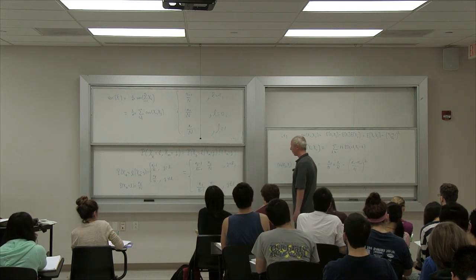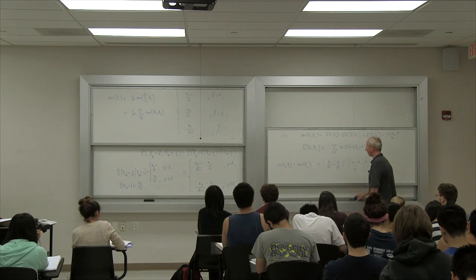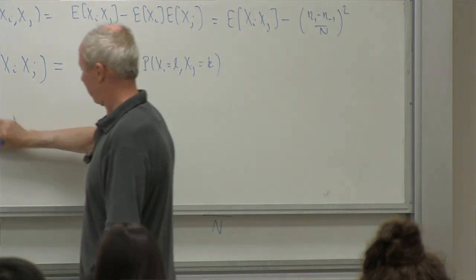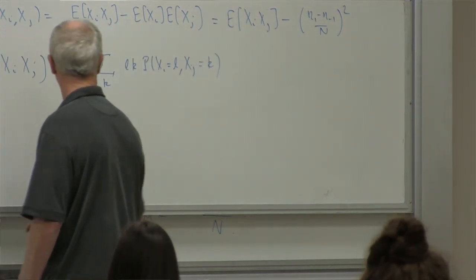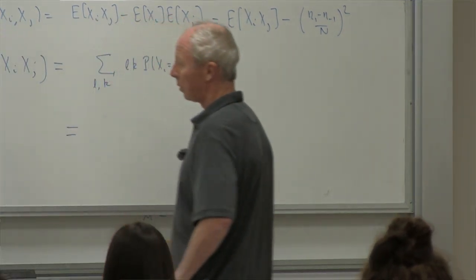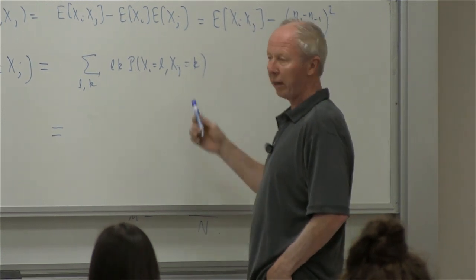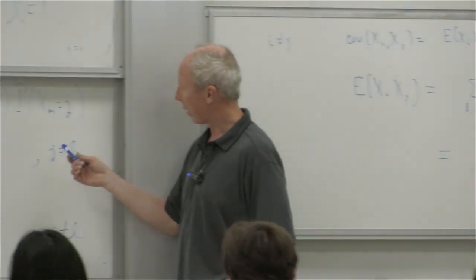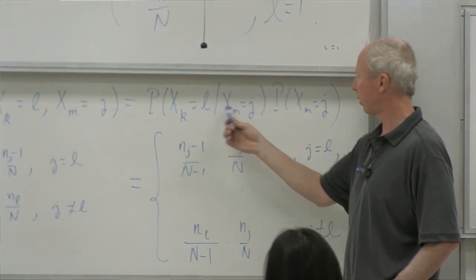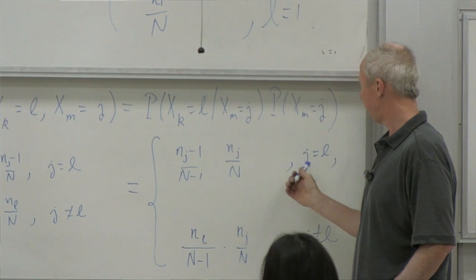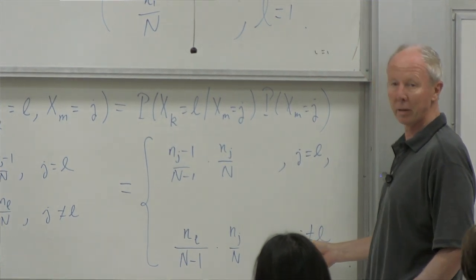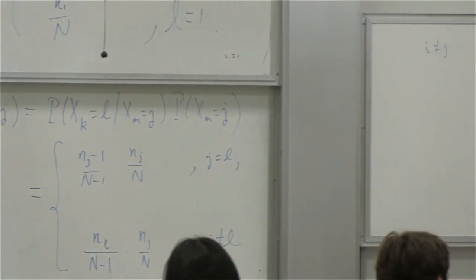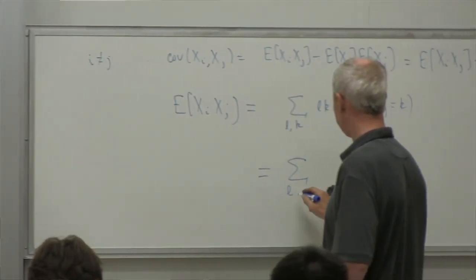Okay. So it matters whether L is equal to K or not, right? Matters whether L and K are equal or not. Okay, so let's break this up into the sum over L.